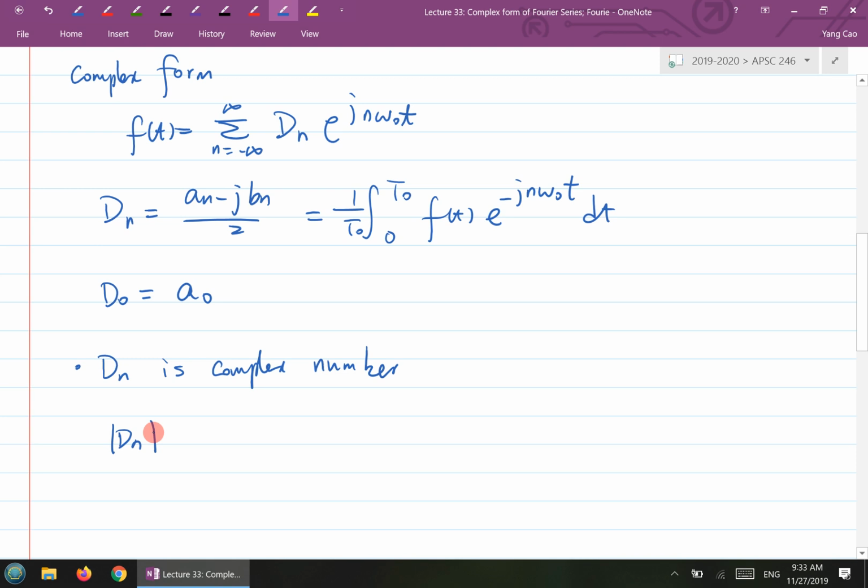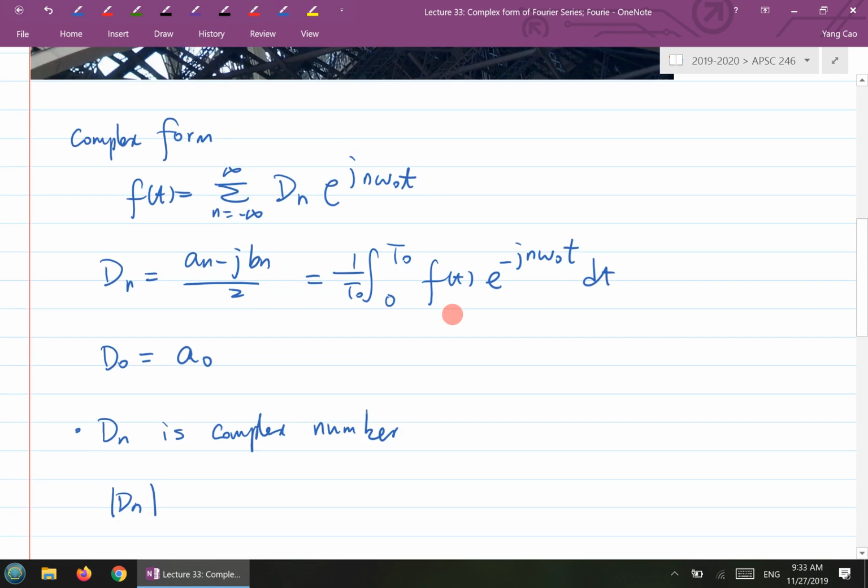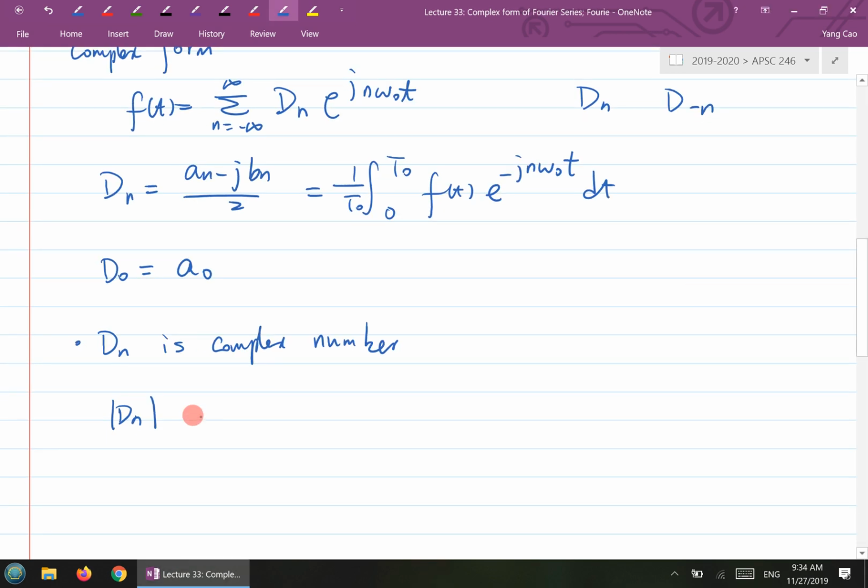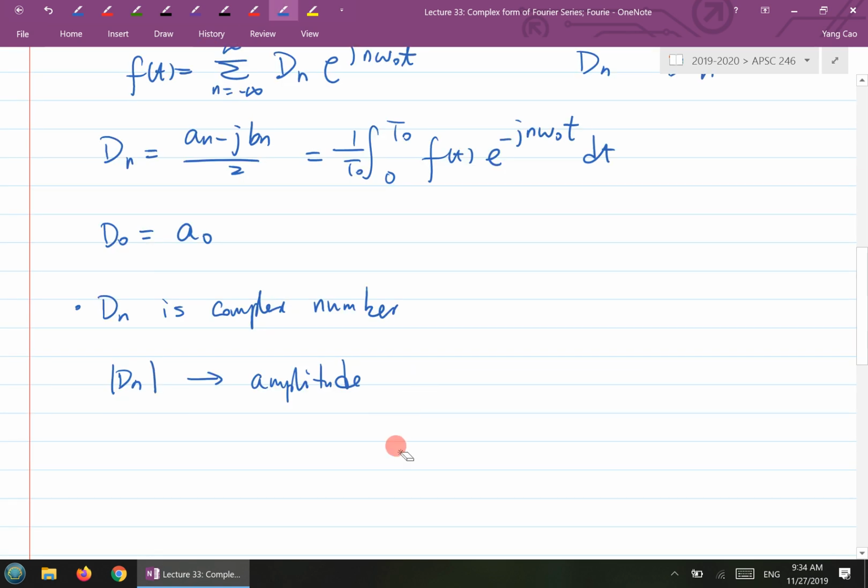The other thing is, if you look at this formula, n goes from negative infinity to positive infinity. So when n is negative, you get d negative n, right? If you do this, this gives you the amplitude spectrum.